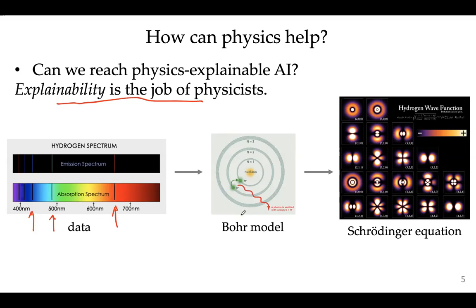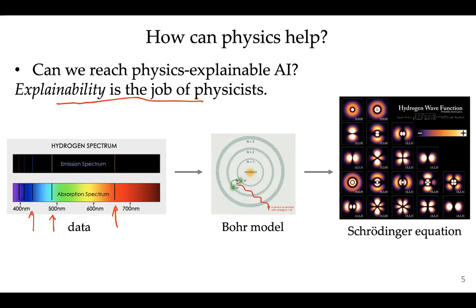Then came Bohr. He proposed a model where he said there are probably orbit-like regions where the electrons can be, and they can move between these special places, but not in between. When they move, the energy difference would correspond to the absorbed or emitted light.